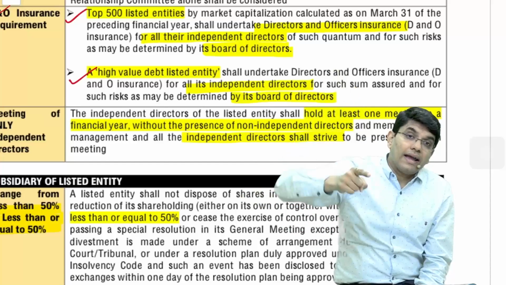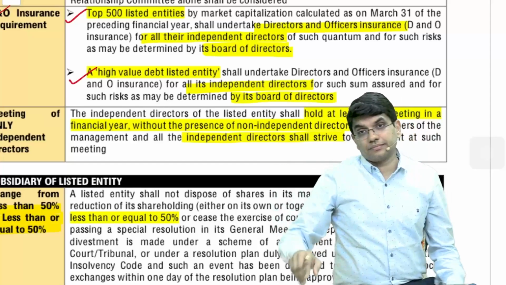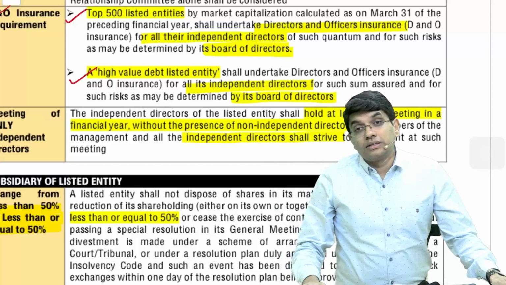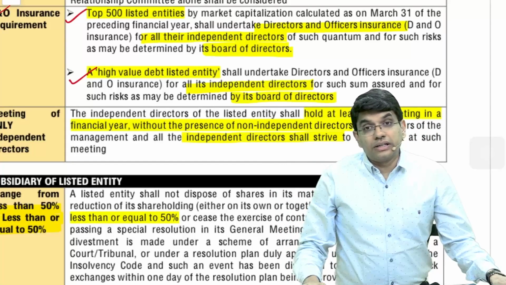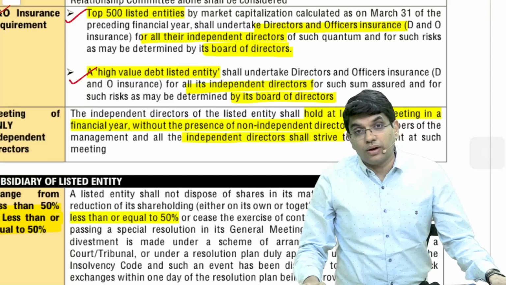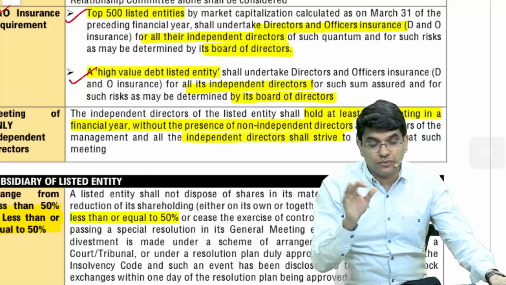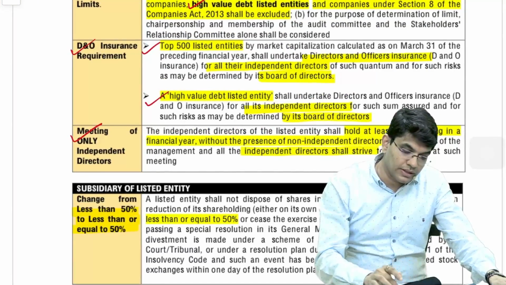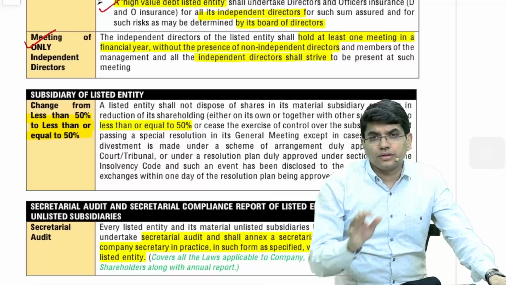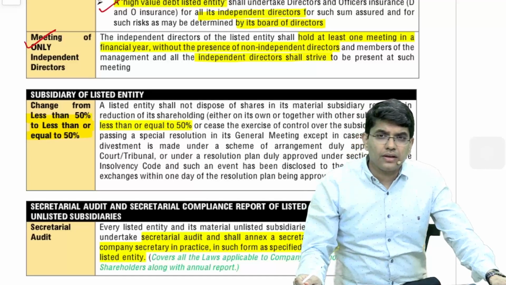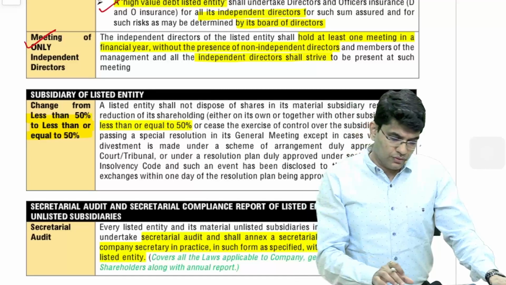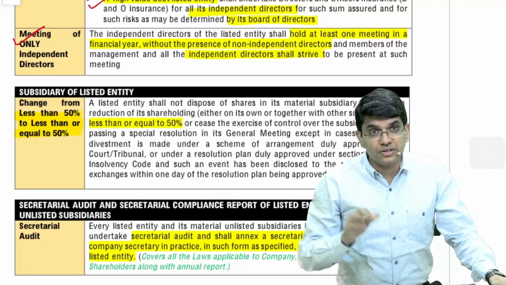In case of high value debt listed entities, directors and officer insurance is again required, and this policy will be as approved by the board of directors. This was already there, correct? We are just emphasizing it so that it does not get missed.